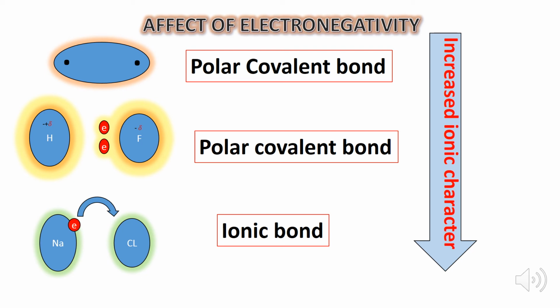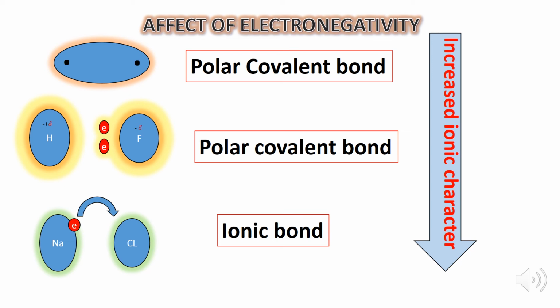But as we go down towards a polar covalent bond, we can't ignore the electronegativity difference. Look here, in the case of hydrogen fluoride, fluorine is the most electronegative atom of the periodic table. Therefore, it has a partial negative charge and hydrogen has a partial positive charge, due to its very low electronegativity, or we can say it's an electropositive atom.